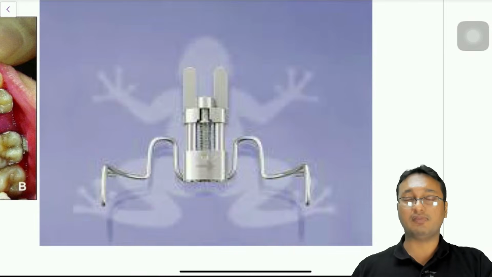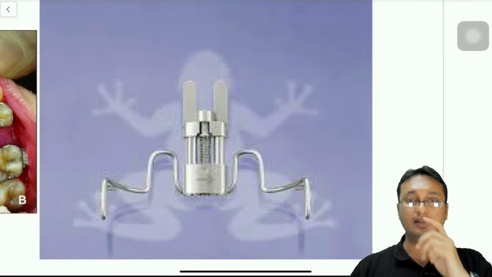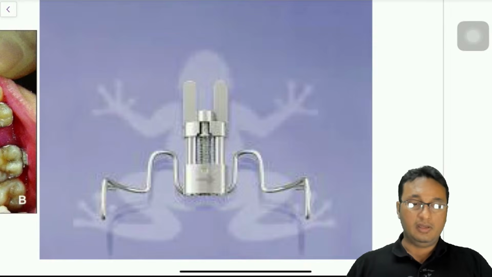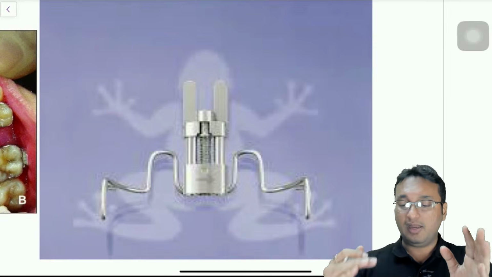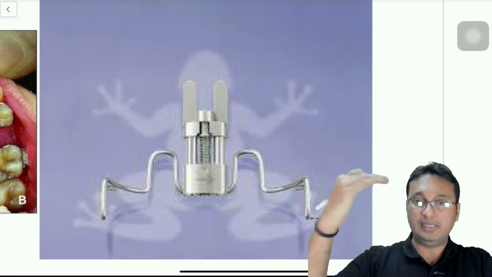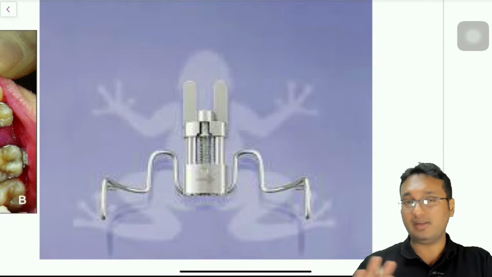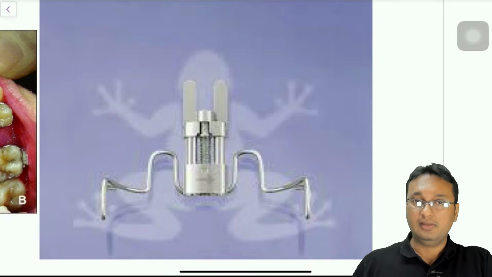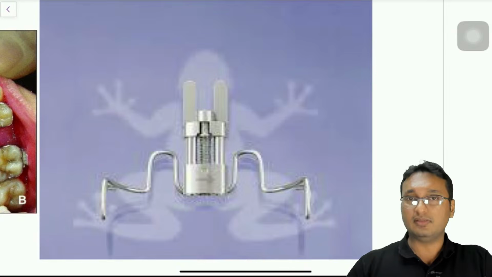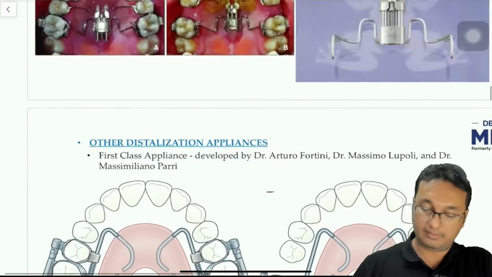If you imagine the design of that appliance, it mimics a frog ready to take a leap, ready to hop. That's why it's called a frog appliance. It's not an acronym for anything.